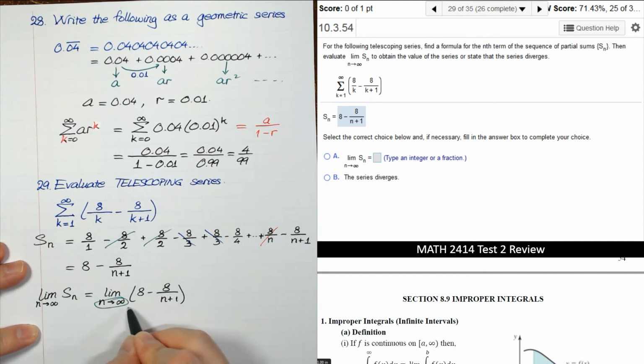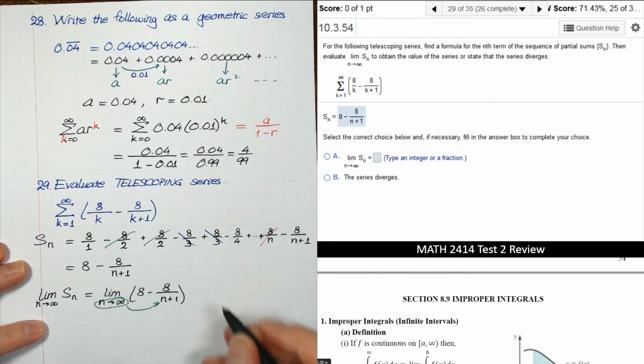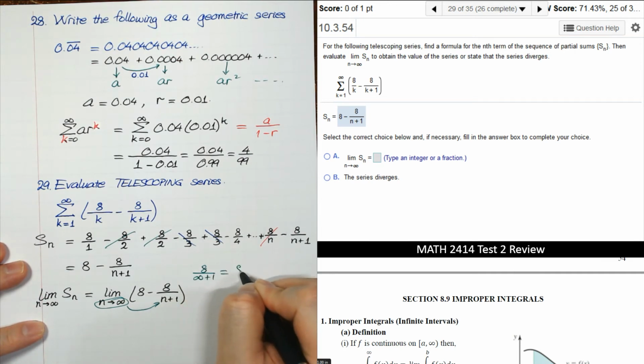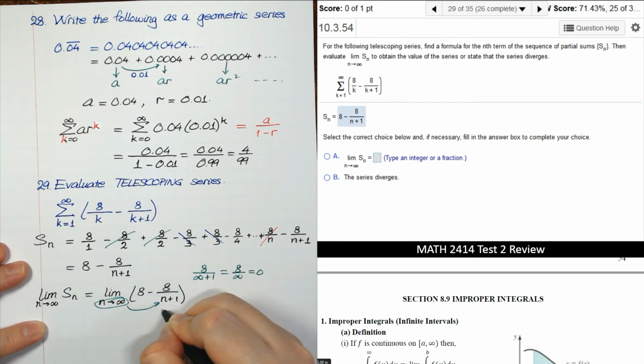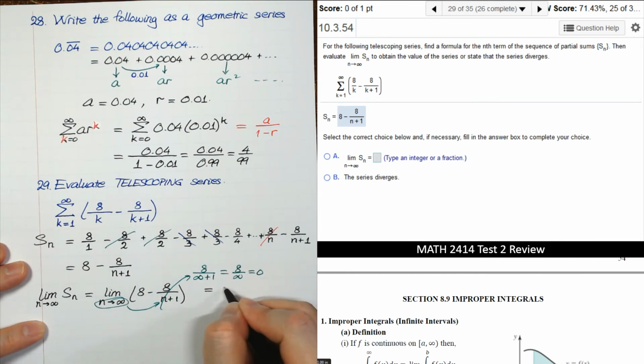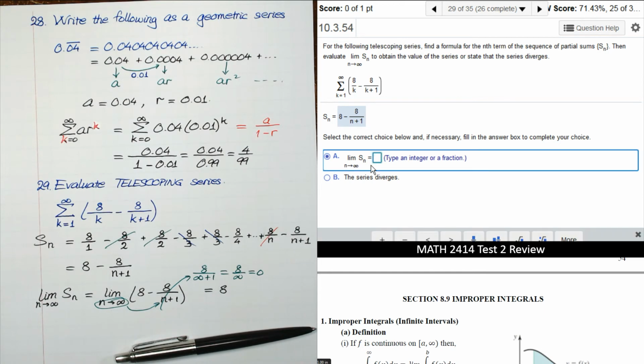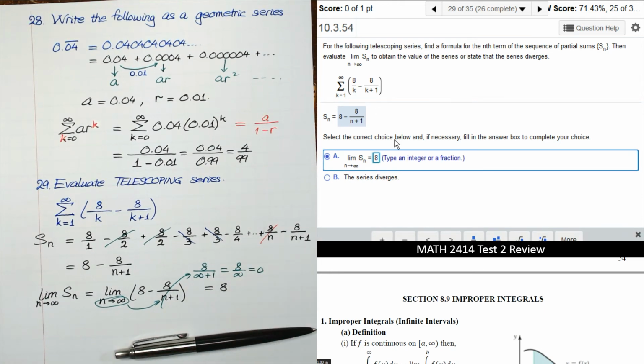So what happens if we put infinity in here? Right, what we have is A over infinity plus 1, A over infinity. A finite number divided by infinity is 0. So that one goes to 0 and we just have A minus 0. So just A. Yeah, once again, finite divided by infinity is 0.